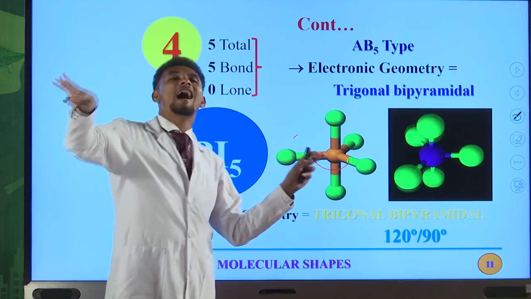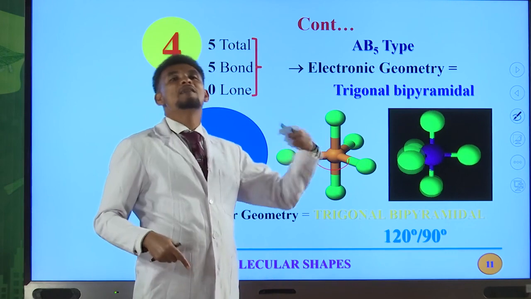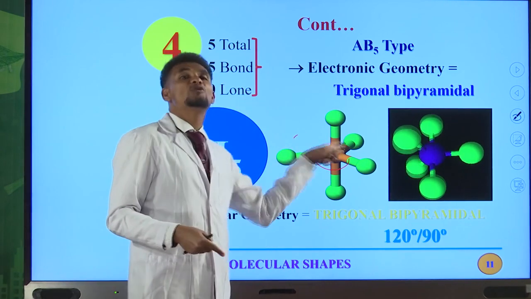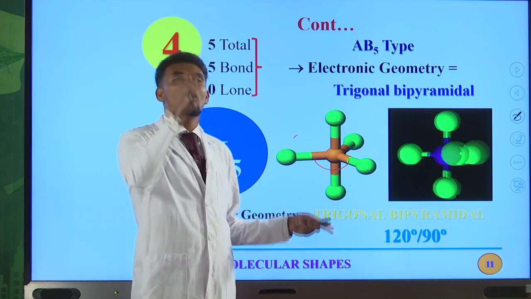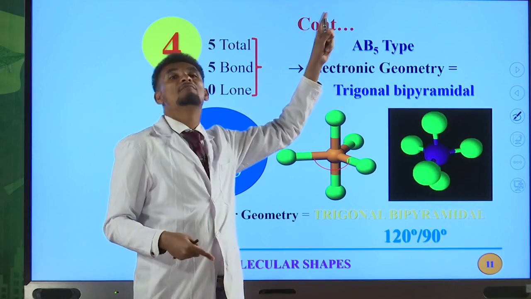Therefore, they are far apart from each other. So, repulsions can be minimized if lone pairs of electrons are placed on the equatorial position, not on the axial position. Therefore, always lone pairs of electrons are placed on the equatorial position for molecules that have AB5 types.